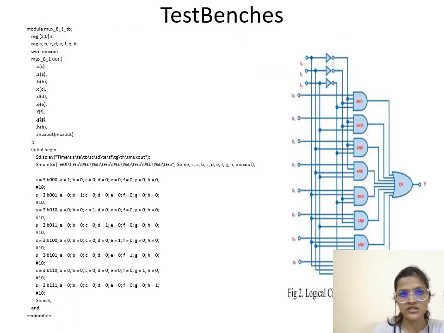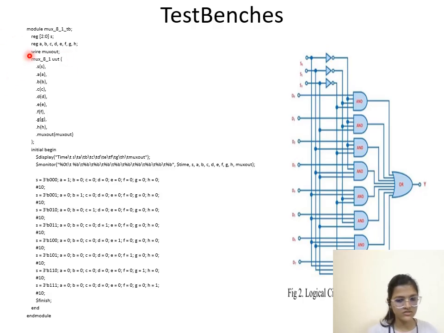Now we'll see the test bench. So here we have a 3-bit input selection line, and A B C D E F G H as inputs, and mux out is the output.